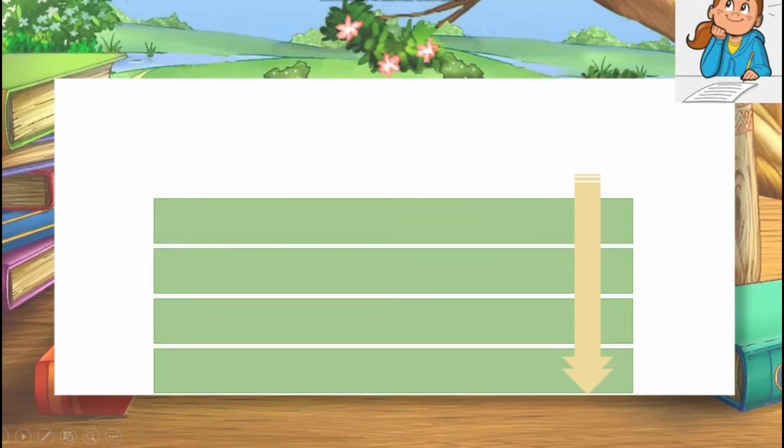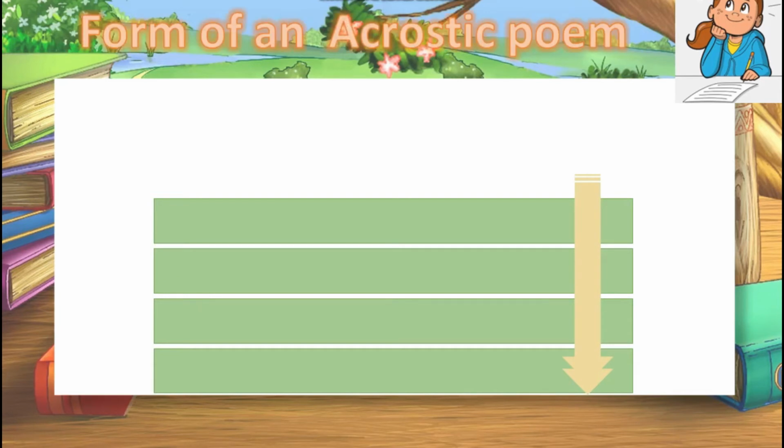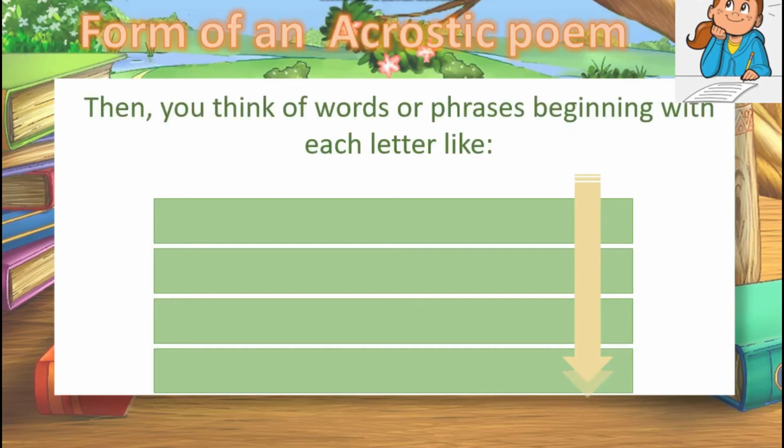So let's go through one example together of an acrostic poem. We just need to think about a word or phrase that we want to use for our poem. As a small example, I'm going to use the word that was just there, which is poem.